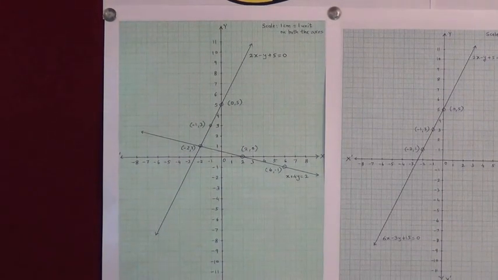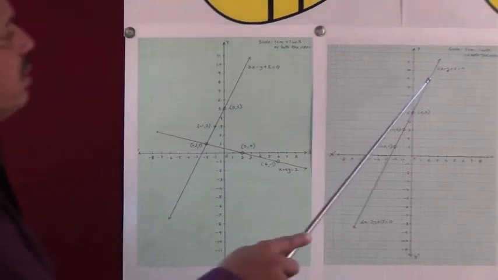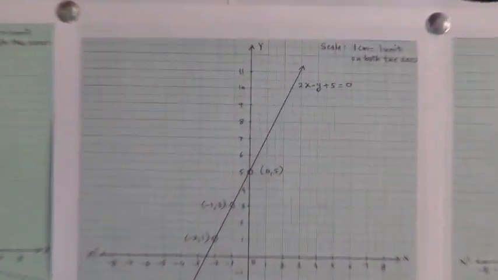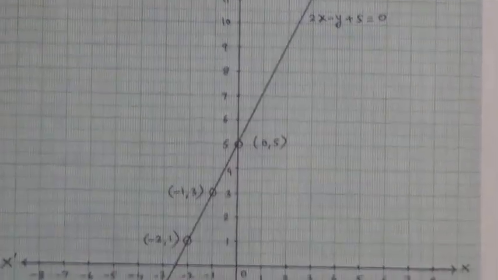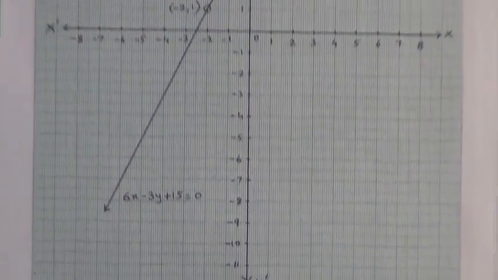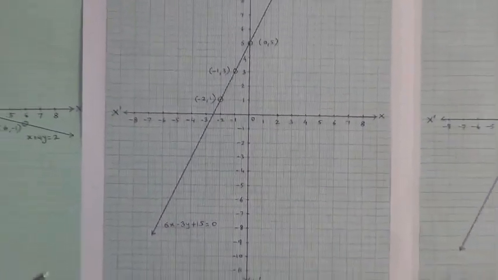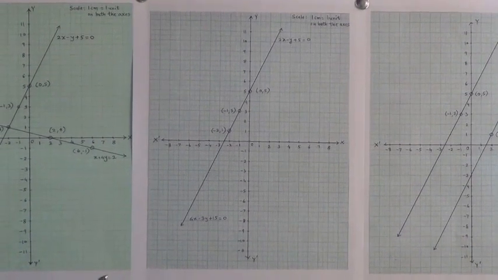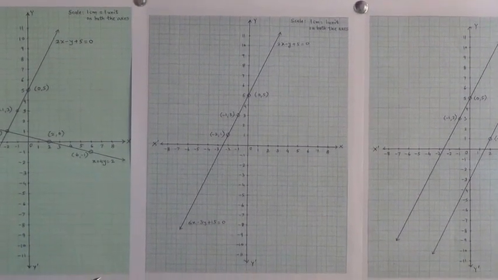Let us take a second example where two equations are there: 2x minus y plus 5 is equal to 0, and 6x minus 3y plus 15 is equal to 0. Again, express these two equations in general form and get the values of a1, b1, c1 and a2, b2 and c2.